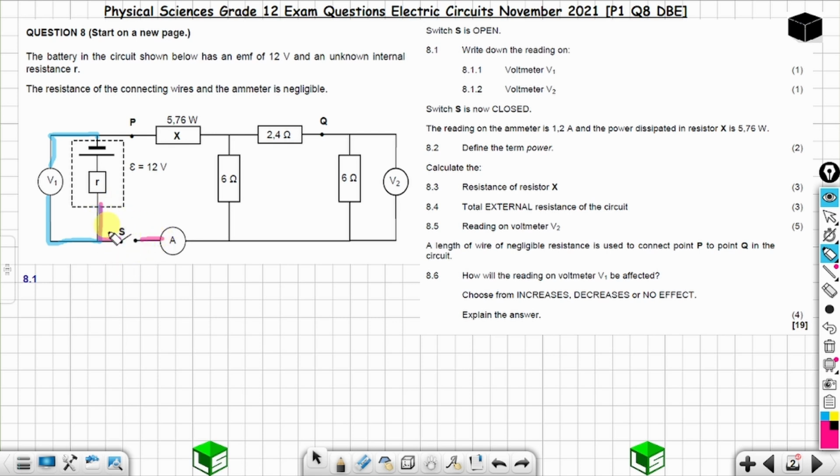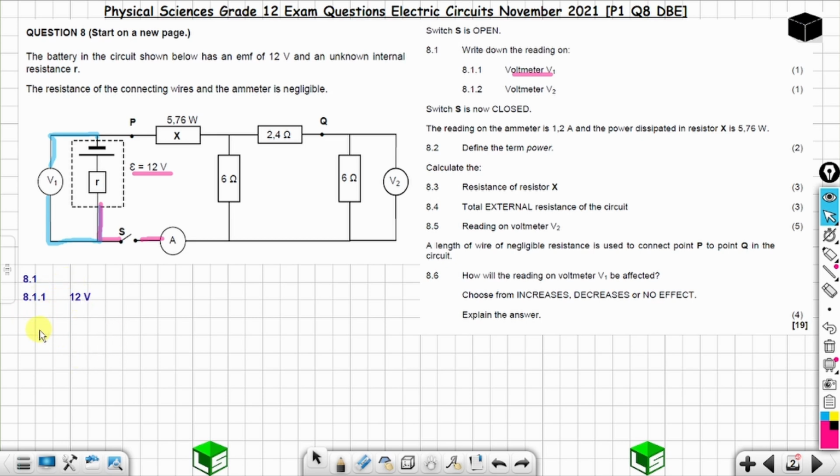So when no current is flowing in the circuit, with your voltmeter across the battery, you are going to read the EMF of the battery. So V1 will read 12 volts.